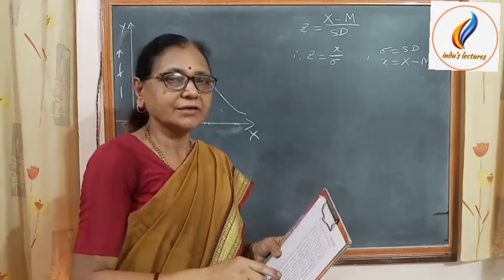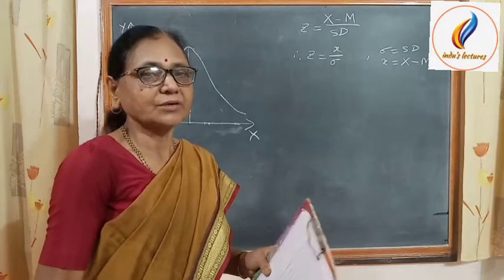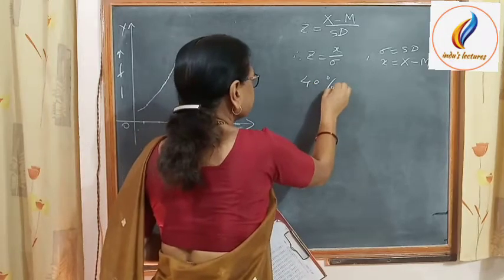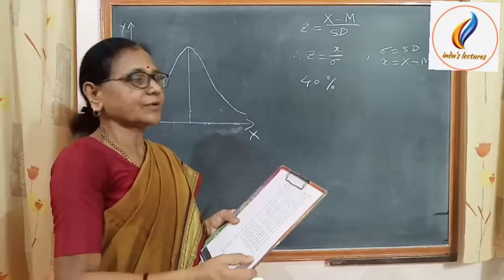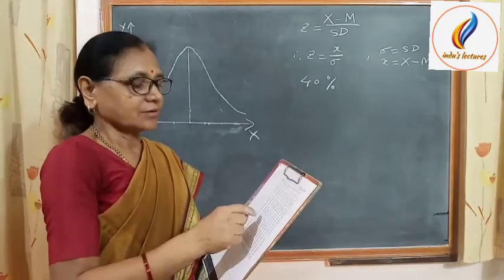The same table can be used to find the z score limits of a given percentage. If we have to find the score limit of 40% from the mean, then consider 40%. But in the table exactly 40% or 4,000 cases cannot be found.